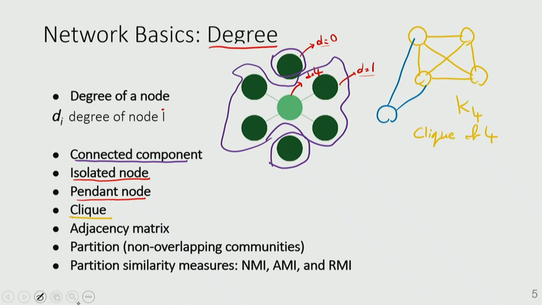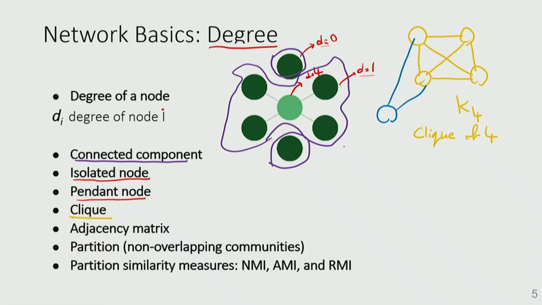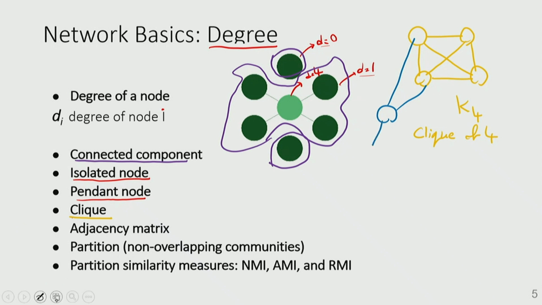A clique of 3 looks like this. So let's say, this would be a clique of 3. The triad is a clique of 3.